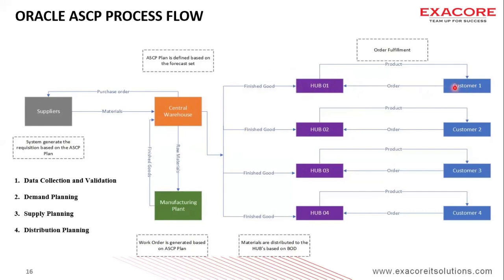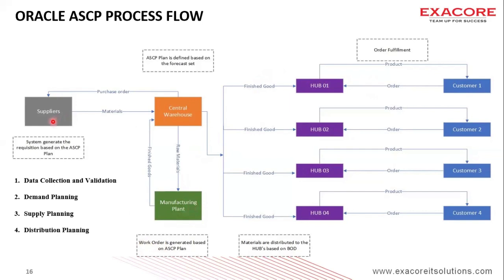So as you can see, an order will be placed by the customer, which will create a demand. To meet this demand, the manufacturing plant will have a work order generated based on the ASCP plan. To meet this manufacturing requirement, we require raw material.